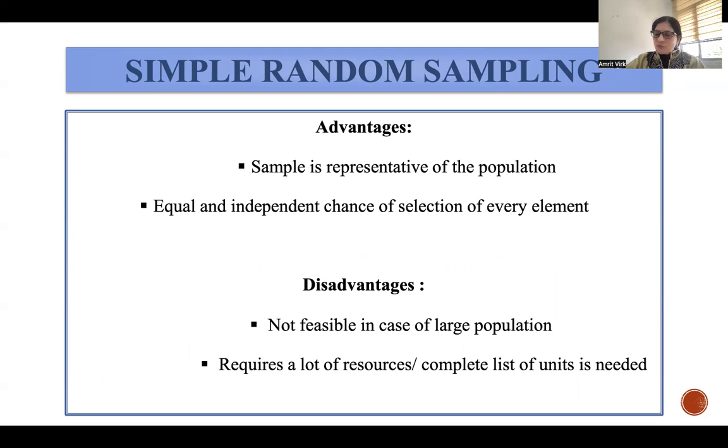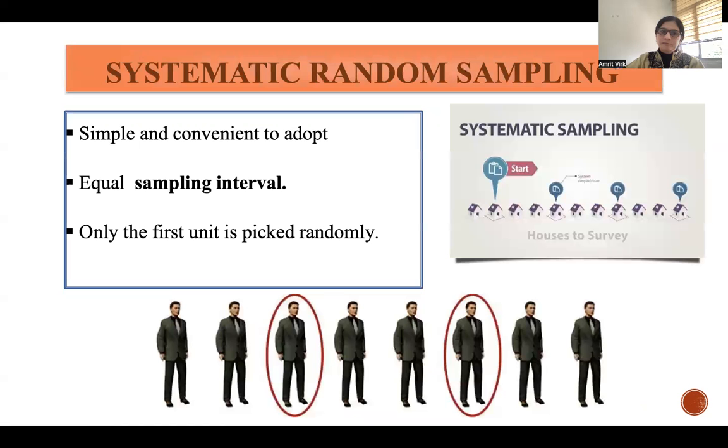The major disadvantage is that this method is a little impractical or not feasible in case of very large populations, because it requires a lot of resources, and also a complete list of units is needed. So we need to keep in mind that even though simple random sampling is a very scientific method, practical problems of difficulty may be there. It is quite impossible to make a complete list of all the subjects in a population from which the sample needs to be selected.